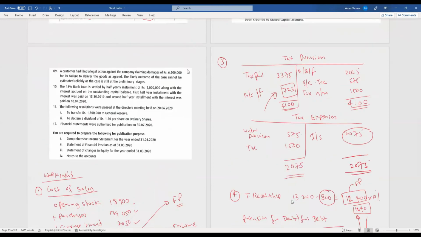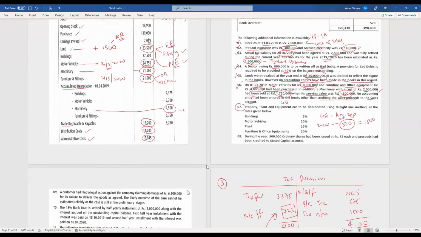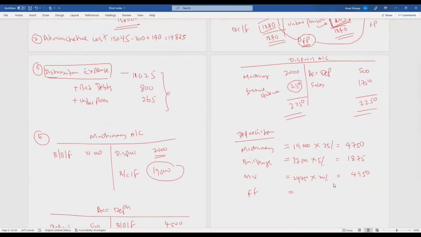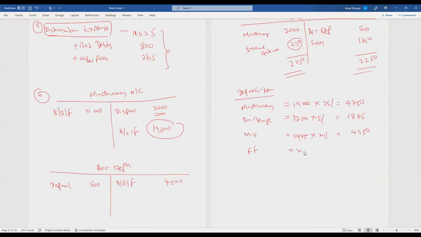We have 21,500,000, which also will be depreciated at 20%, so that will be 4,300,000. When you take the total, depreciation will be 4,750,000 plus 1,875,000 plus 4,950,000 plus 4,300,000, which is 15,875,000.